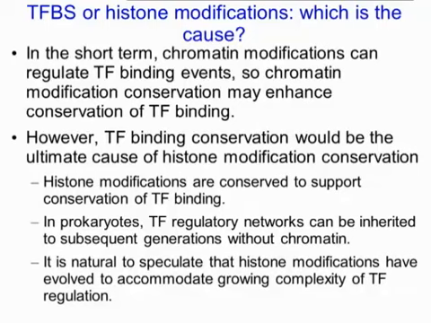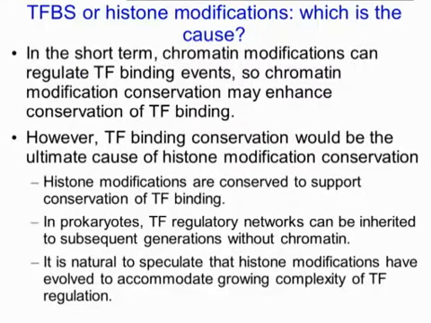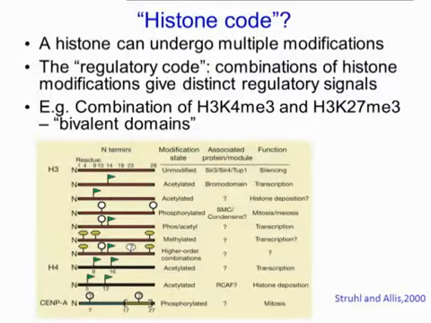If TF binding is not there, there's no sense to open chromatin or to have modification conservation. We also know that prokaryotes don't have chromatin, but nevertheless their TF regulatory networks can be inherited to subsequent generations. And it's natural to speculate that histone modifications have evolved to accommodate growing complexity of TF regulation.